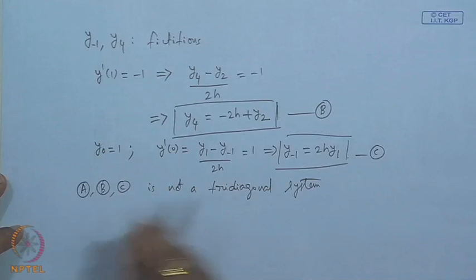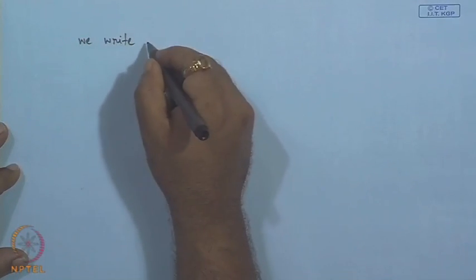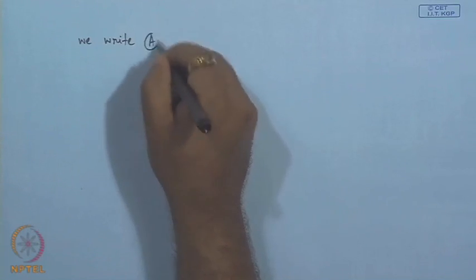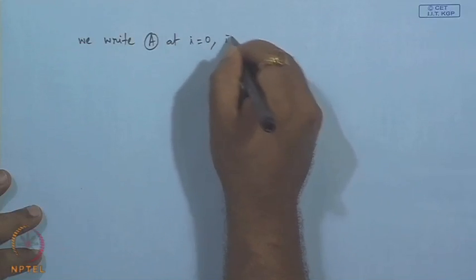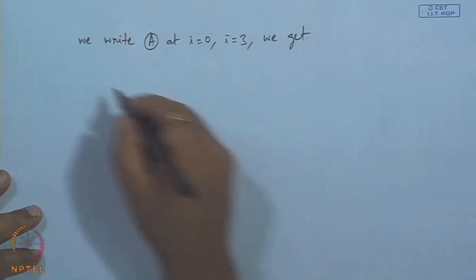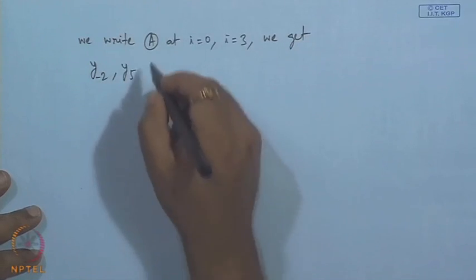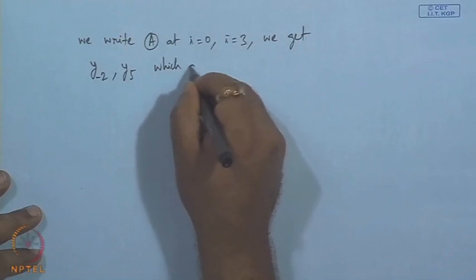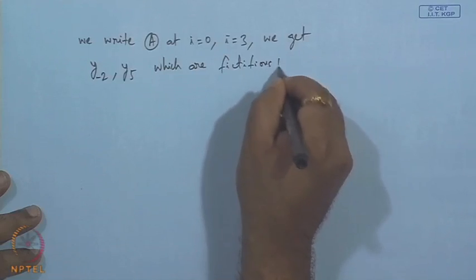Well, following the earlier strategy, suppose we write A at I equals to 0, I equals to 3, we get y minus 2 and y 5, which are fictitious.